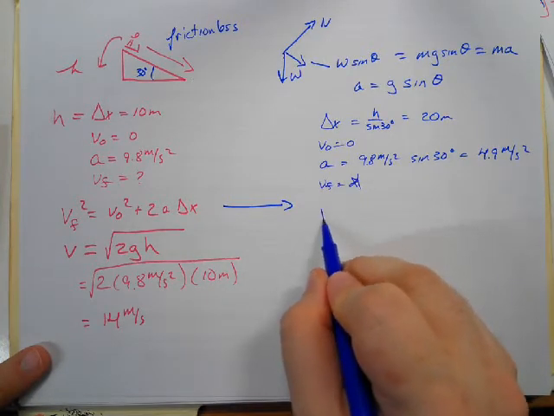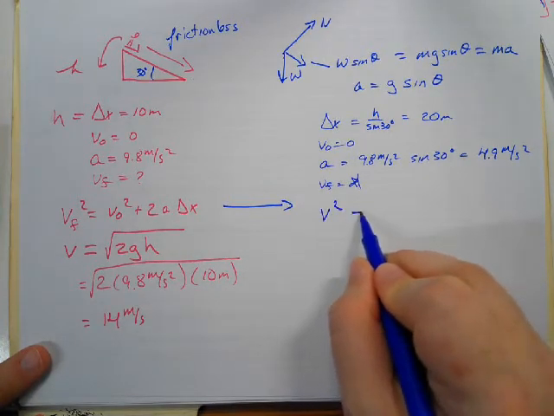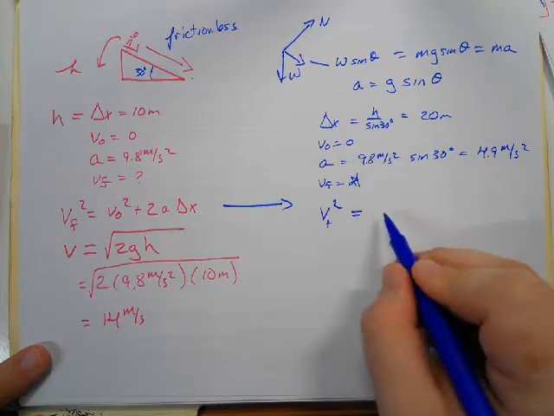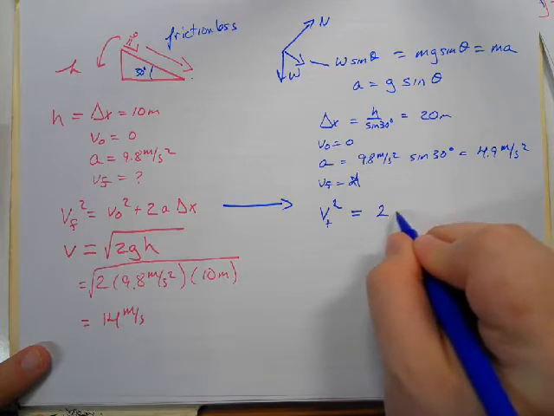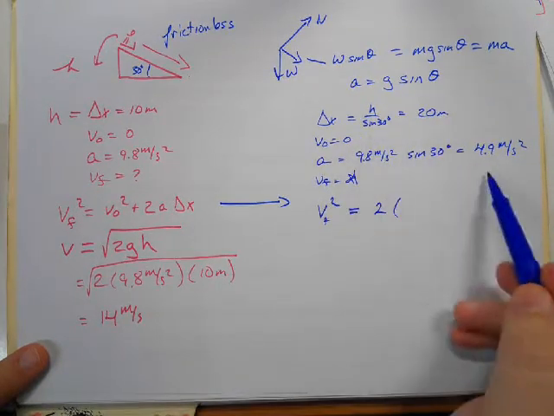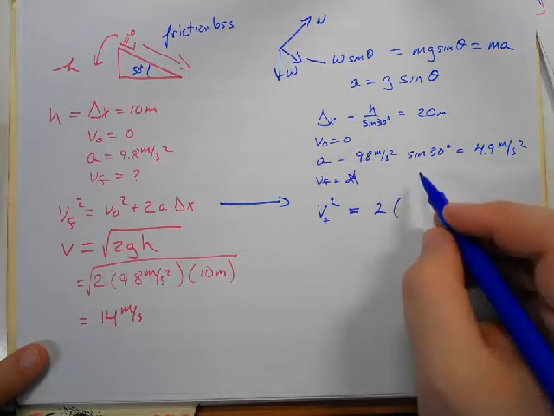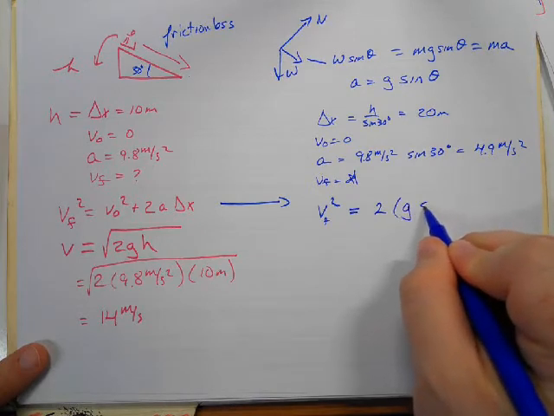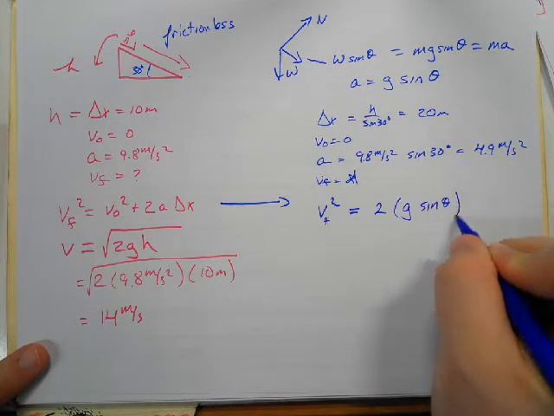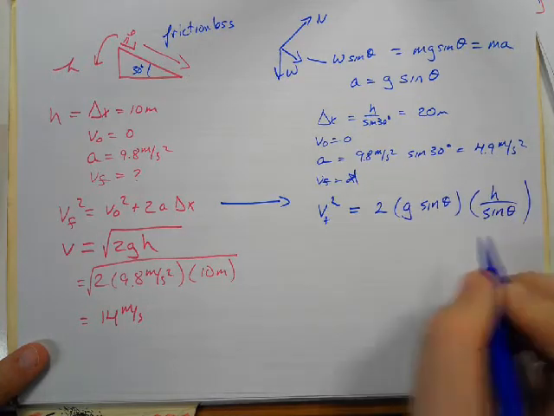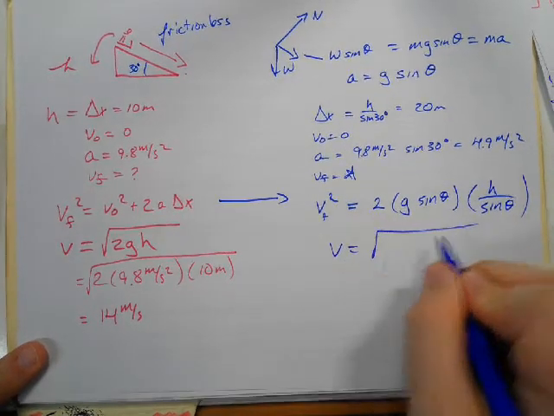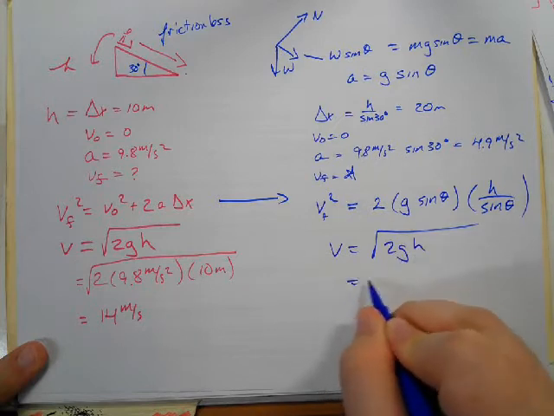V final squared is, well, V initial squared is 0, so we get 2 times g sine theta times h over sine theta. Or we get that V is the square root of 2gh.